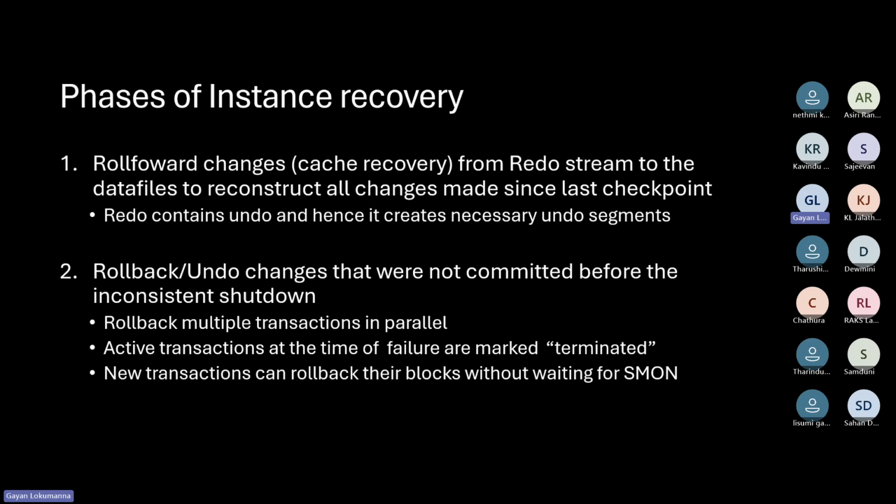Those are not committed blocks either, right? So those may still appear in the data files. Regardless of that, from the point where the last checkpoint had occurred until you come to the end of the redo streams, everything will be rolled forward by reconstructing the transactions through redo streams.